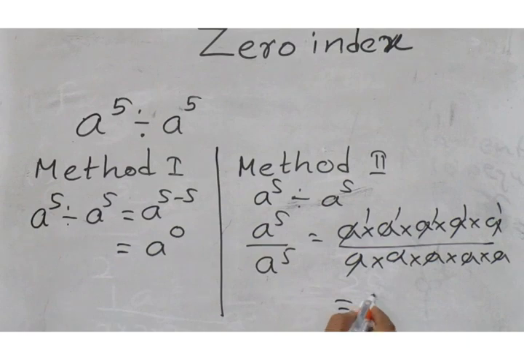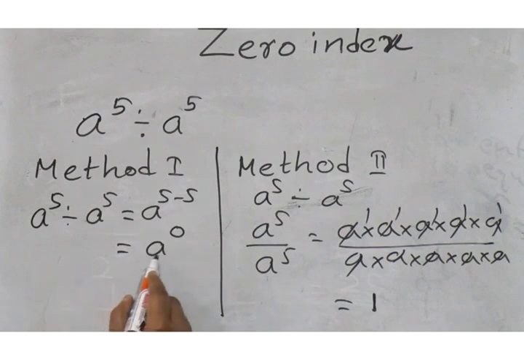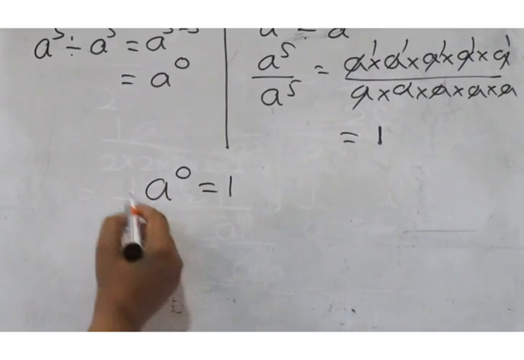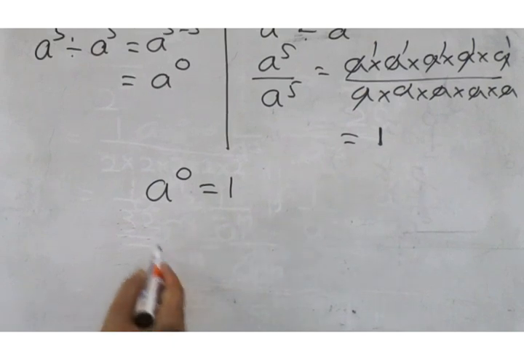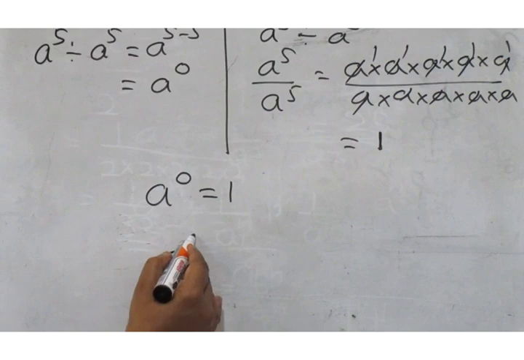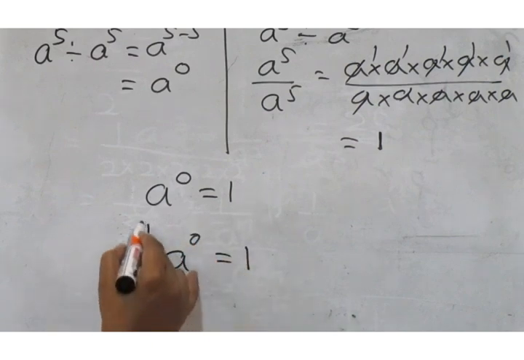Then here the answer is 1. Now there are two answers for the same expression. Therefore the two answers should be equal. That is, a to the power 0 equals 1. Then the 0 index of any power is equal to 1. This can be written as a relation: a to the power 0 equals 1.